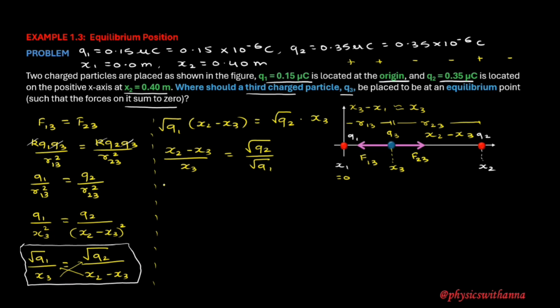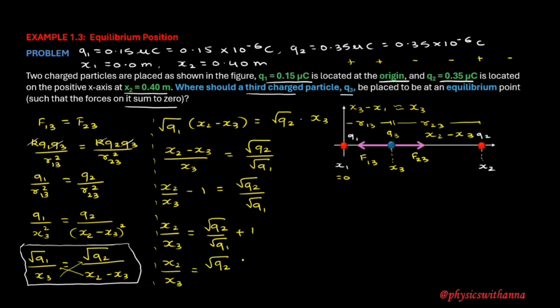Then we solve further. x2 over x3 minus x3 over x3 will give me 1 equals square root Q2 over square root Q1. Now move 1 to the other side. You get x2 over x3 to be equal to square root Q2 over square root Q1 plus 1. Now solve the mixed fraction over here. We get x2 over x3 to be equal to square root Q2 plus square root Q1 over square root Q1.